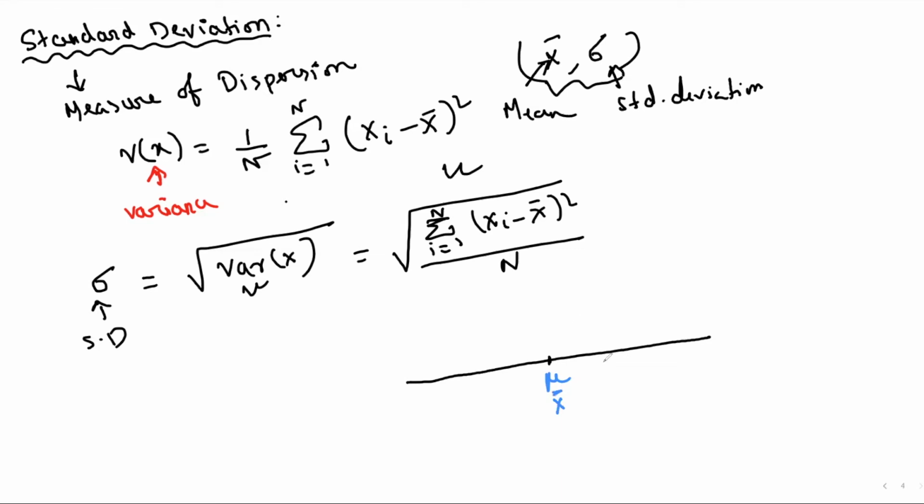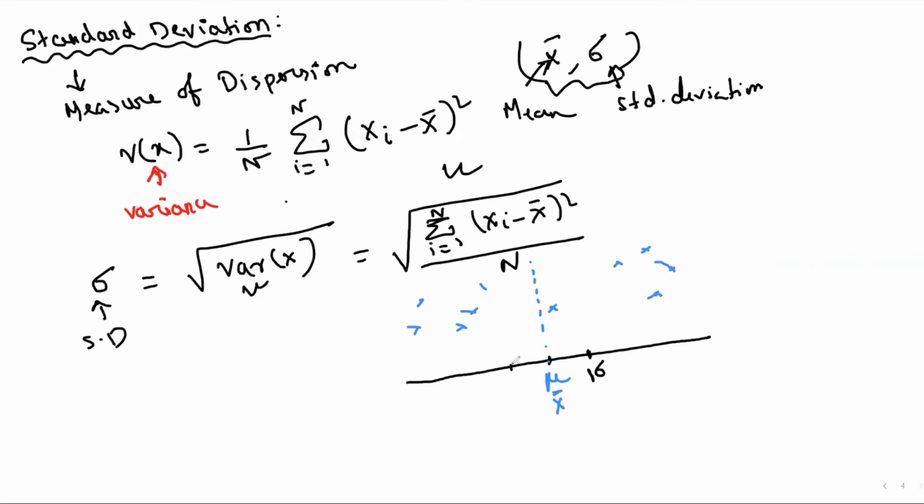So this is the mean, and there can be data here, here, here, anywhere, near, far, everywhere. What I'm trying to say is, let's say till this portion, it is one standard deviation.